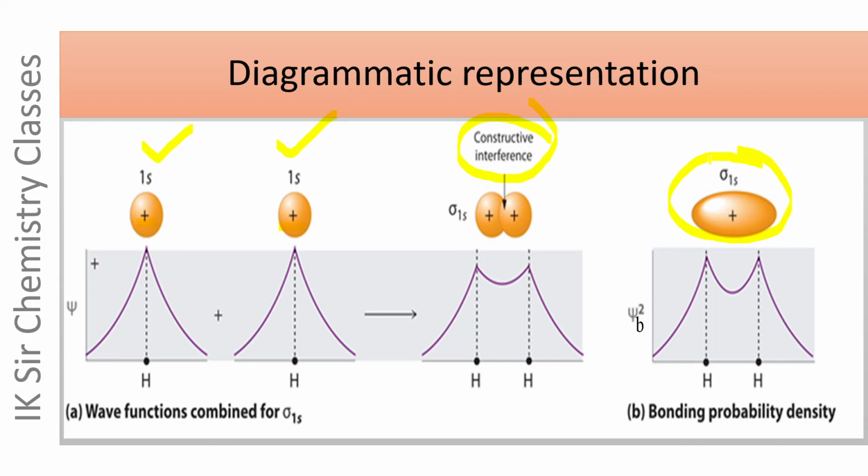If an electron enters this sigma 1s bonding MO, the electron density between two nuclei increases and an attractive force acts between this electron density and the nucleus of hydrogen atom. And this is why the energy of the system becomes lower.